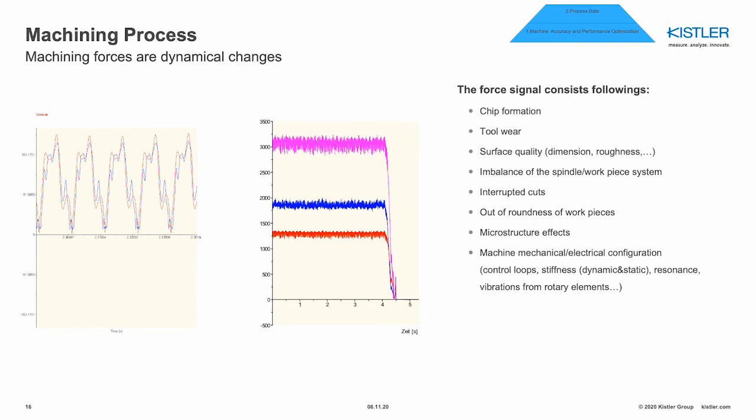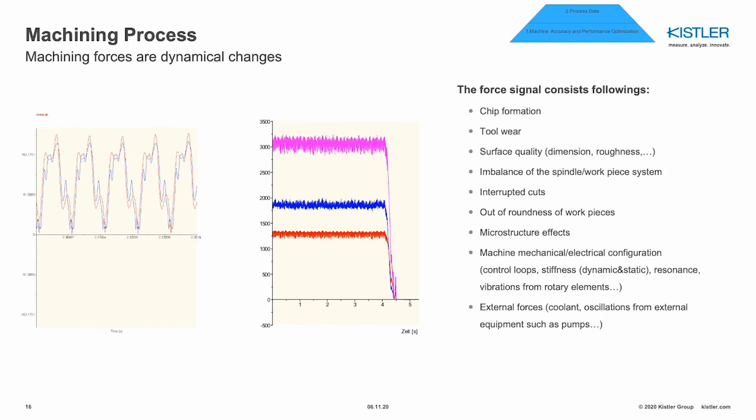You can also see the effect of the machine's mechanical and electrical configuration if you build understanding from step 1. For instance, from control loops, the stiffness, both dynamic and static, the resonance, and also vibrations or characteristics from the rotor elements, the bearing elements, and so on.